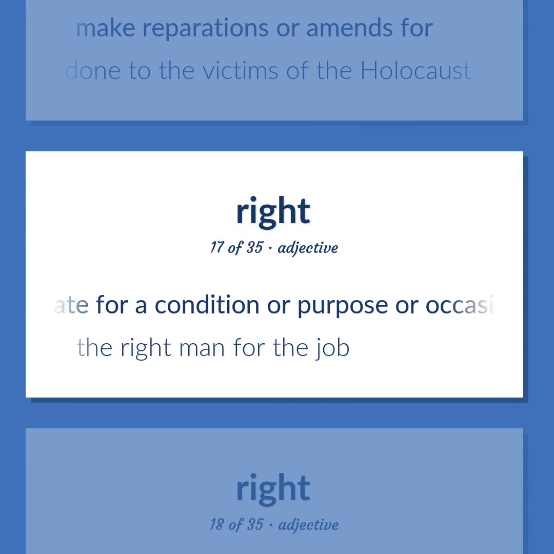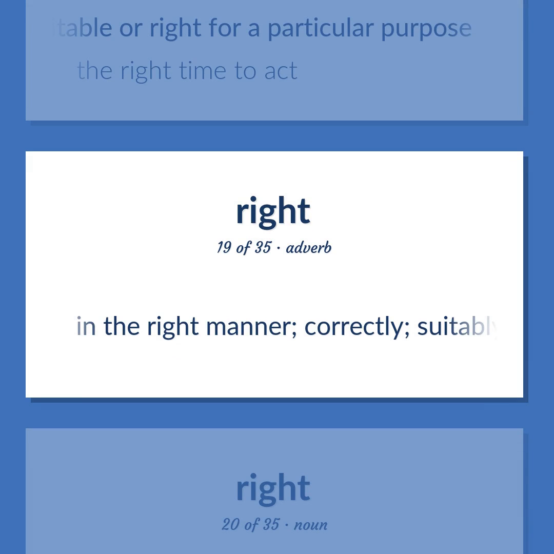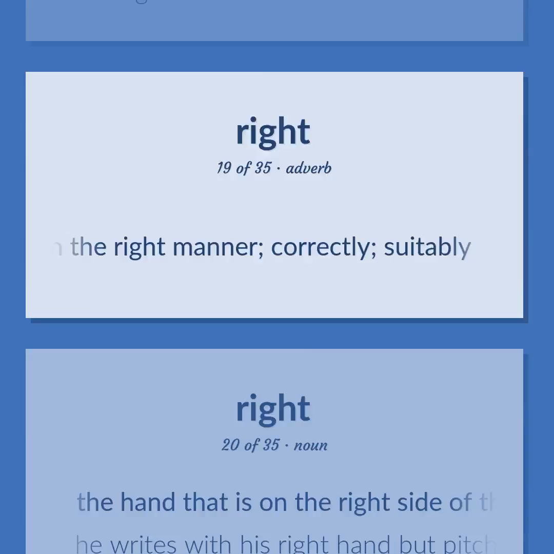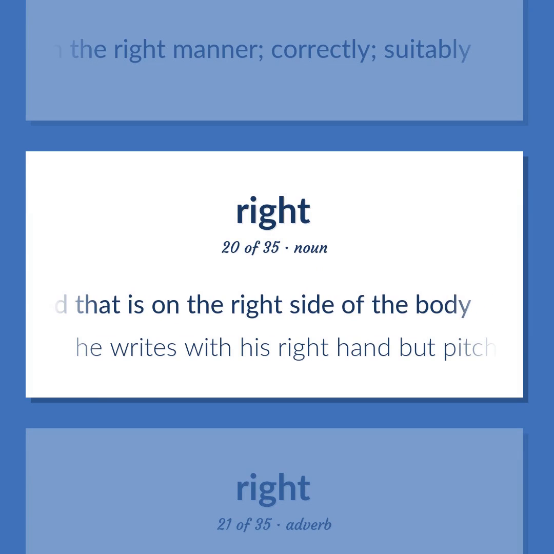Appropriate for a condition or purpose or occasion or a person's character, needs. The right man for the job. Most suitable or right for a particular purpose. The right time to act. In the right manner, correctly, suitably. The hand that is on the right side of the body.